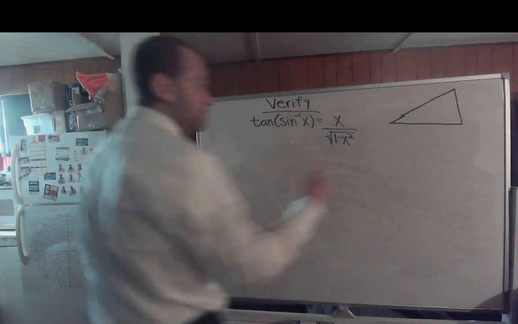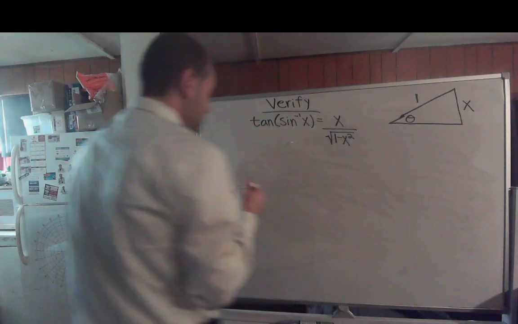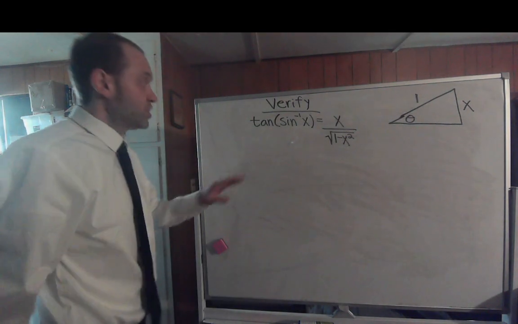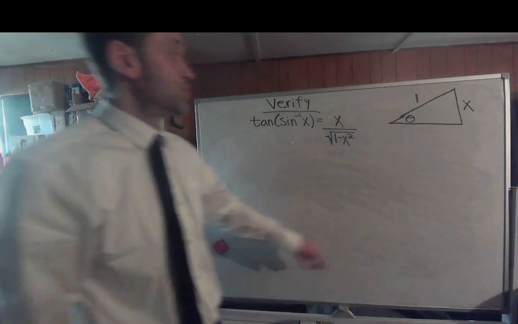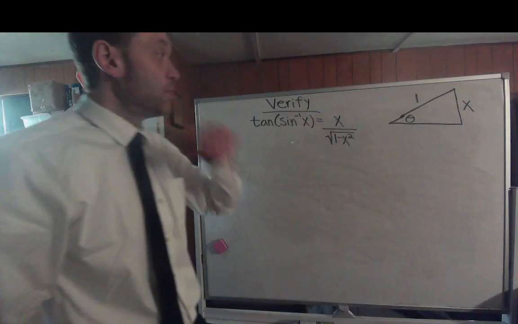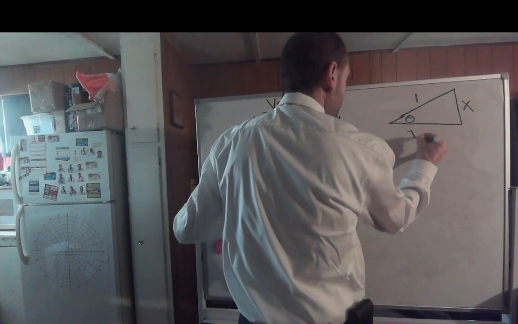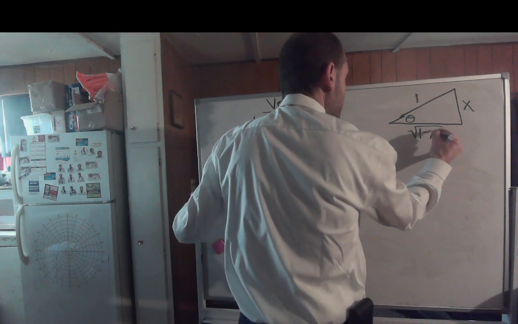Well, in this case, that'd be theta. Let's make that theta. So the sine of theta is going to be opposite over hypotenuse. So what you have now is your sine of theta being x over 1. And we can use Pythagorean theorem to solve for the third side, which would actually end up being the square root of 1 minus x squared.